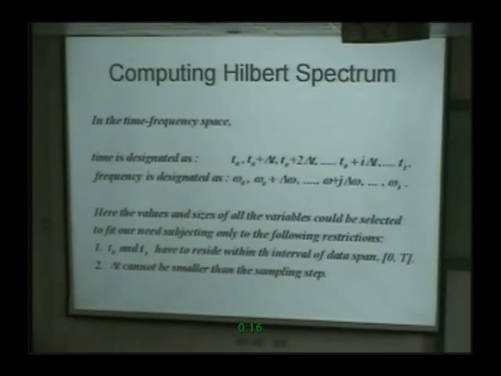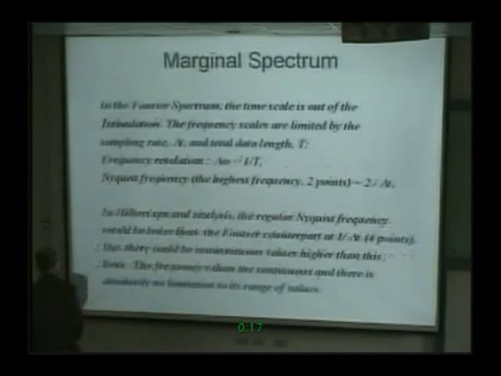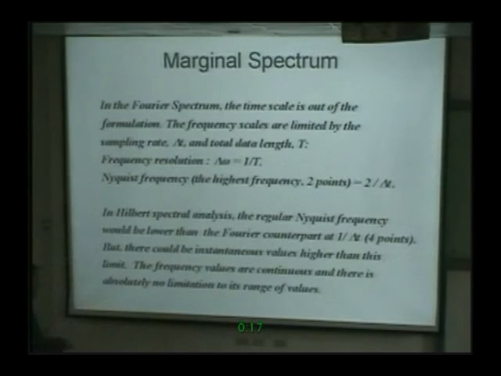It doesn't have to be the sampling step, but it cannot be smaller than the sampling step. All of this we can select, and that gives us a lot of freedom.